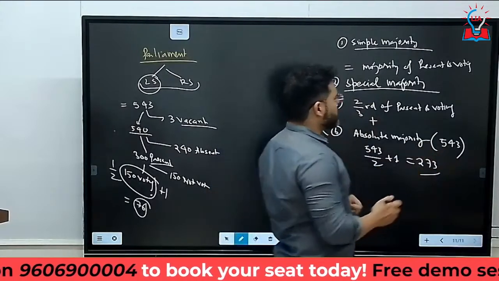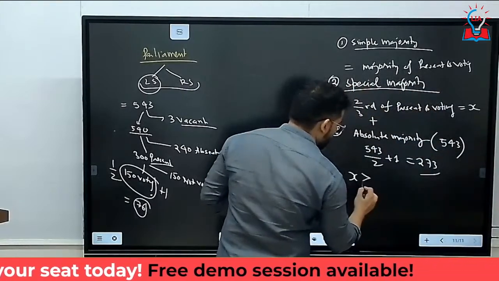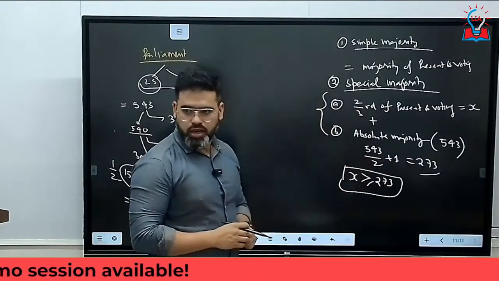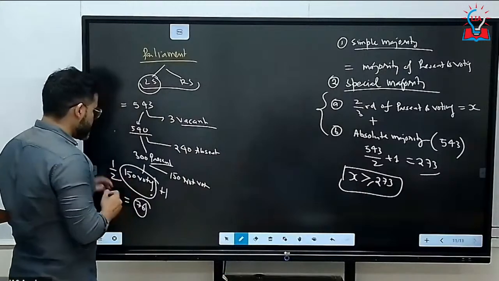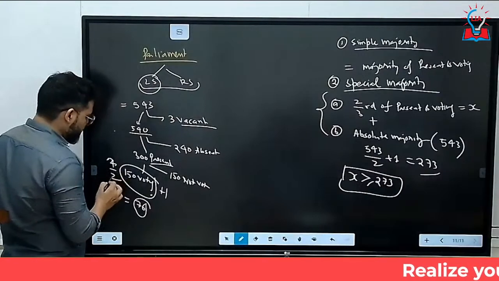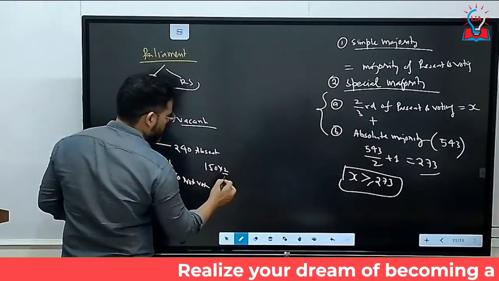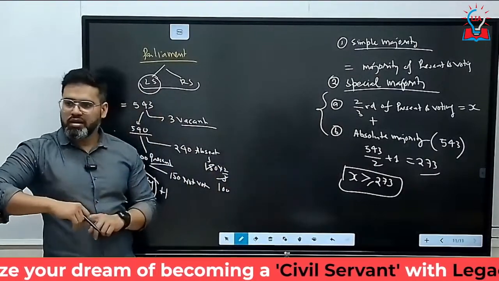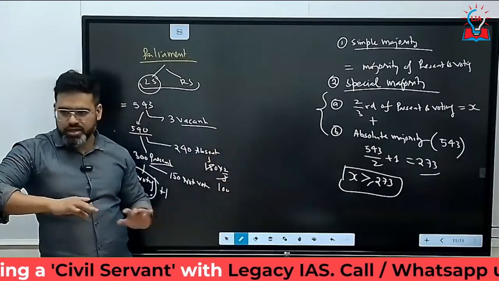So whatever number is coming, suppose this is x, this x value should be greater than or equal to 273. Clear? So by this method this number is coming like x. How will x come? It is 2/3 of present and voting. If we do 2/3 of present and voting, what value will come? If we do 2/3 of 150, 100. Is 100 greater than or equal to 273? No, so this method is not possible.